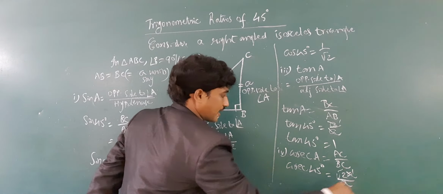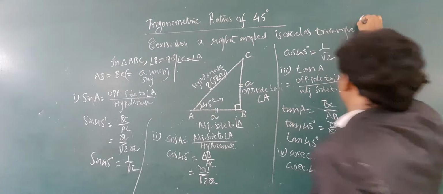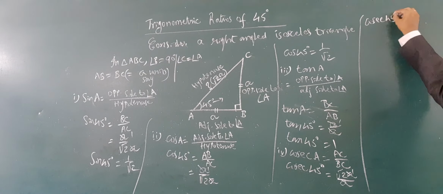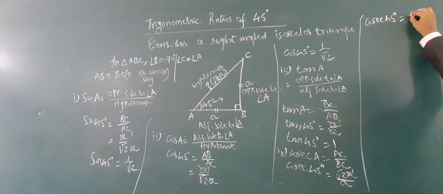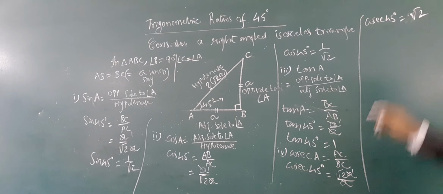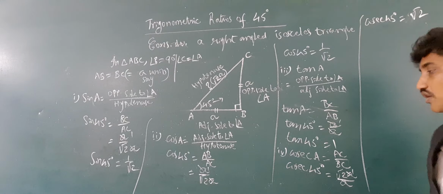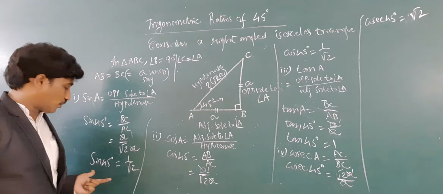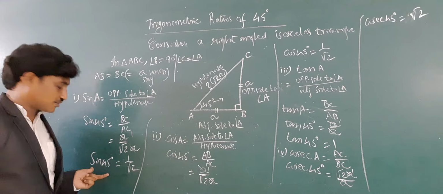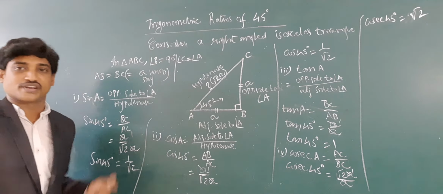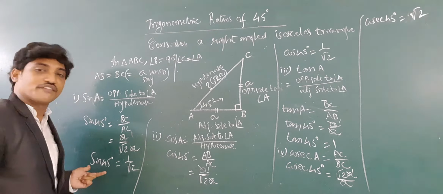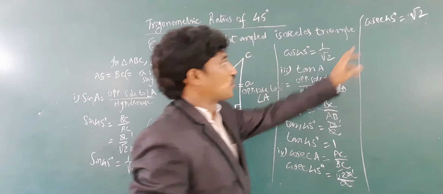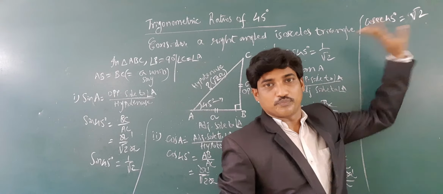A gets cancelled, so cosecant 45 degrees is root 2. Cosecant 45 is nothing but the reciprocal of sin 45. Sin 45 is 1 by root 2, so its reciprocal, cosecant 45, is root 2.